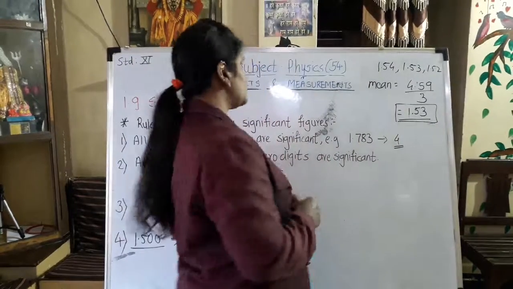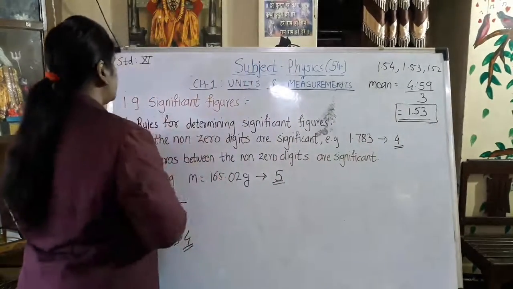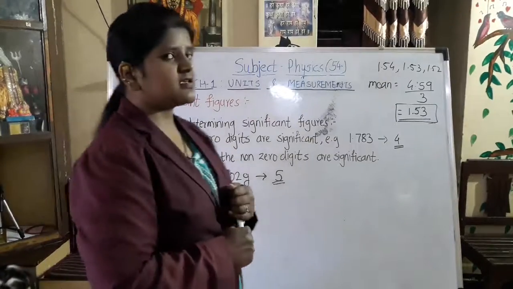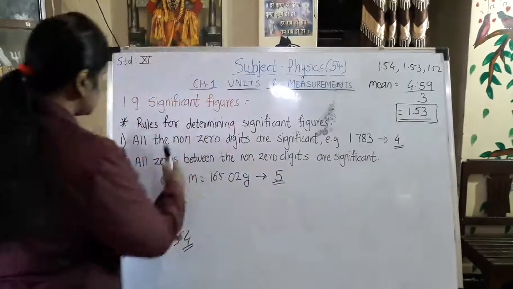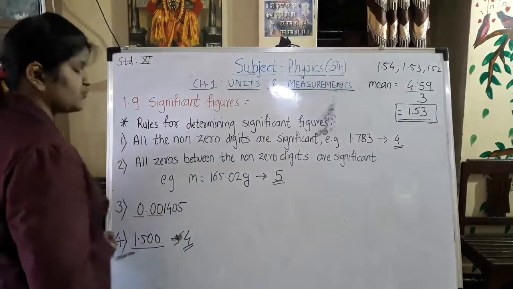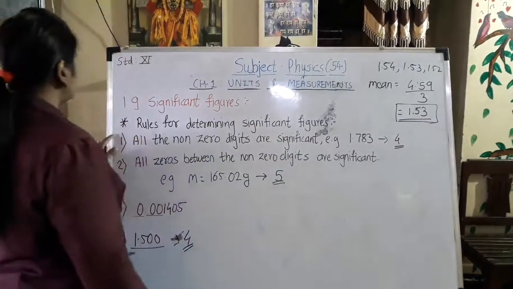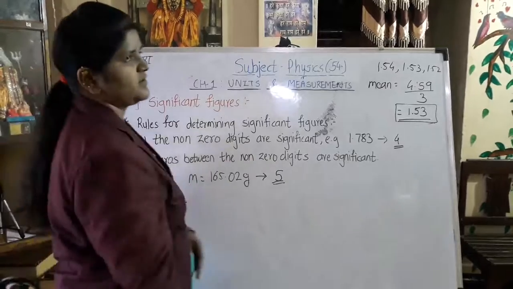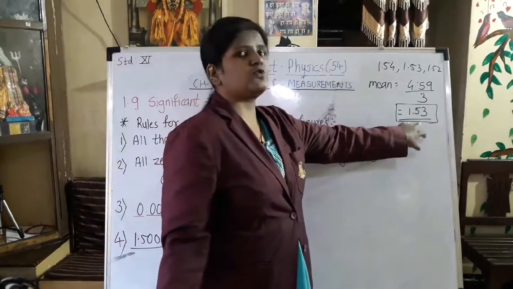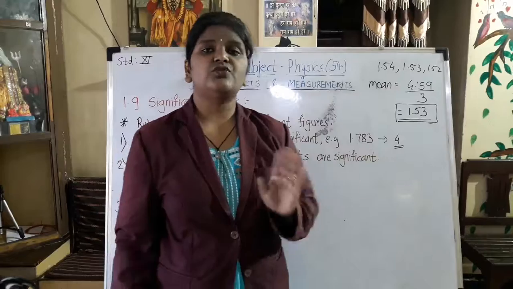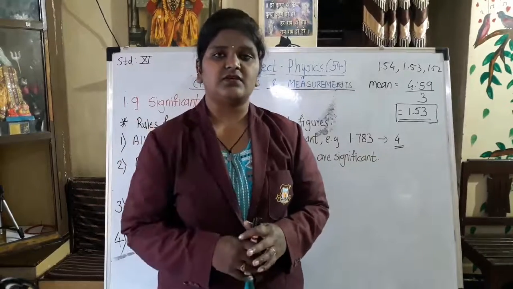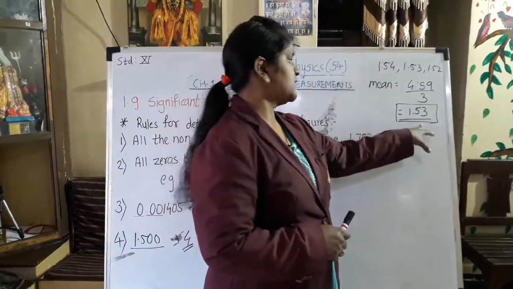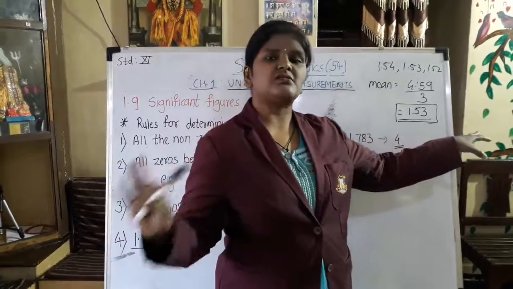Now we have to follow some rules for determining significant figures. There are 4 rules to be followed. The first one is that all the non-zero digits are significant, as we have discussed over here. Non-zero numbers means the numbers which are not 0.